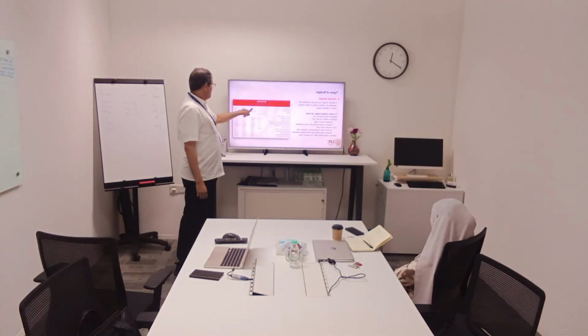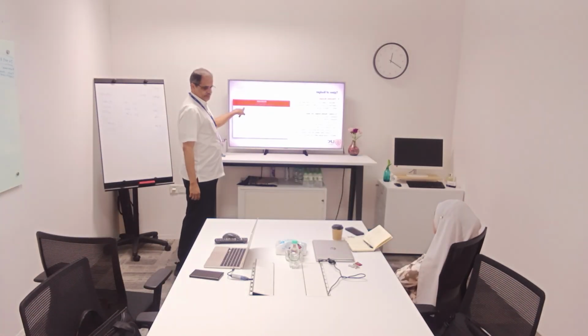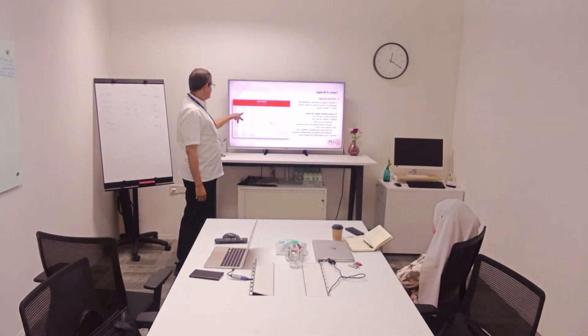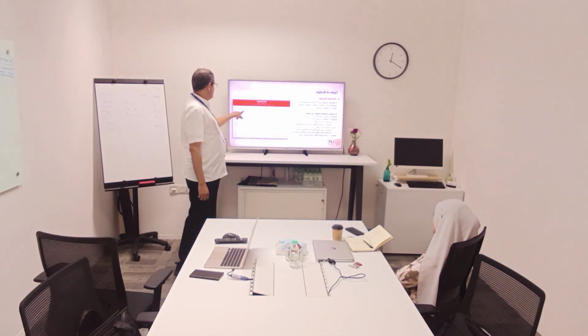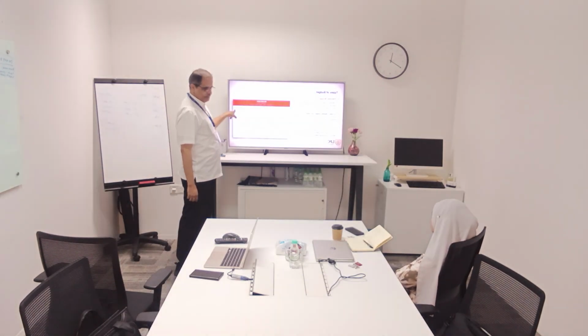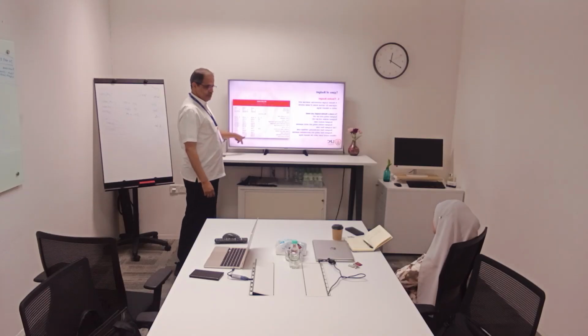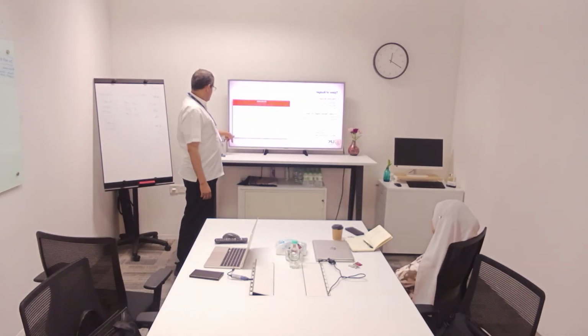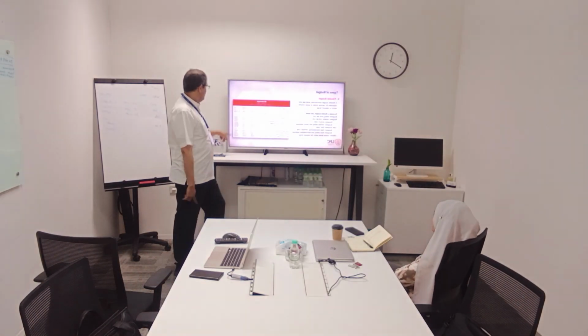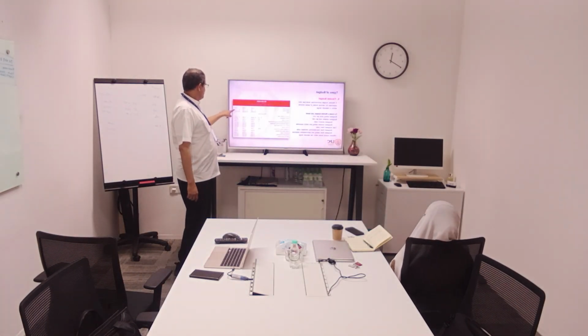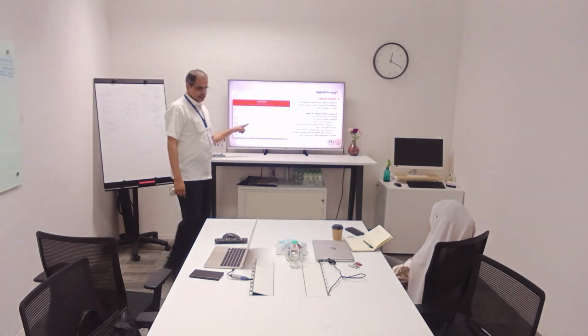Same here, 70, but the units sold are higher. In this case, the units sold are the same, but the price goes up. So look at the profit here, the loss here gets a bit higher. Why? Because we sell 500 more. And in this one, the profit goes even higher. Why? Because the units are the same, but we sell at a higher price.